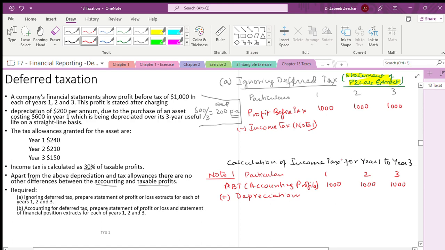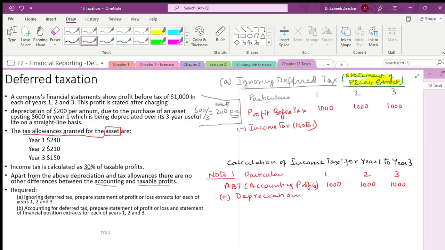Why do we have to add depreciation? Because tax allowances are there. A tax allowance is granted for assets.